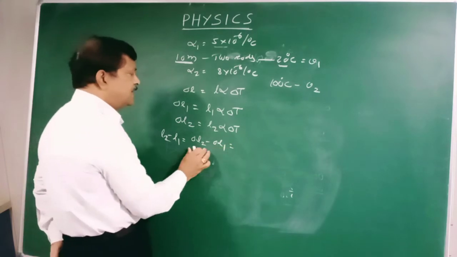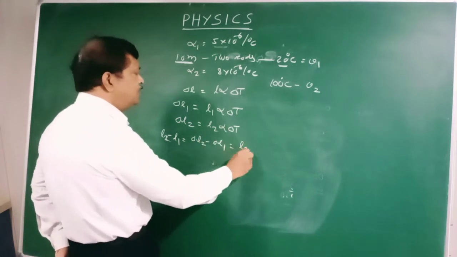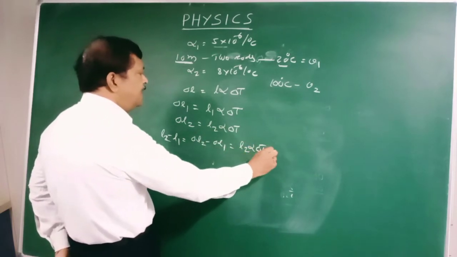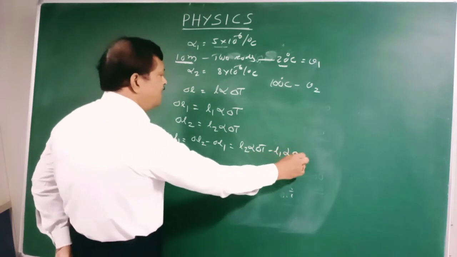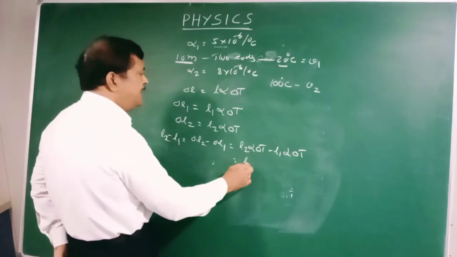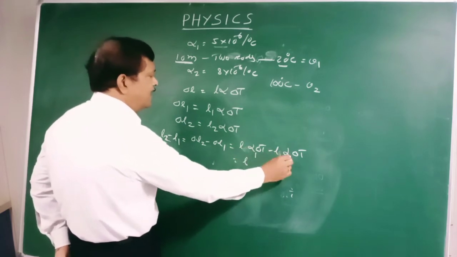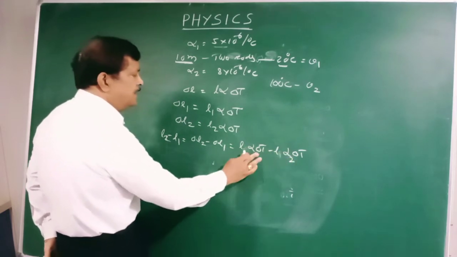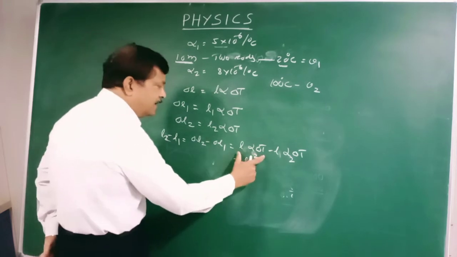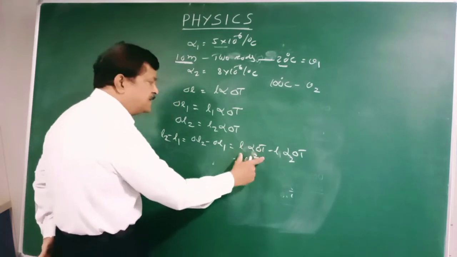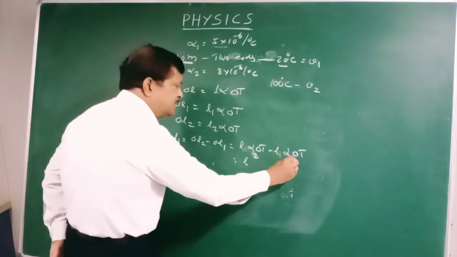Now what is this delta L2 minus delta L1? It is L2 alpha delta t minus L1 alpha delta t. Otherwise simply it is L alpha 2 and L alpha 1, because the initial length is the same. This is delta L2, the expansion of the second rod, and this is the expansion of the first one.